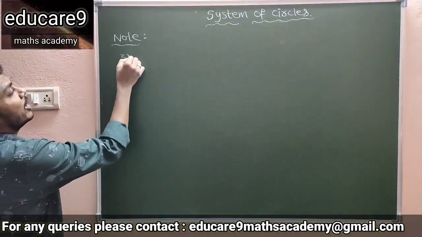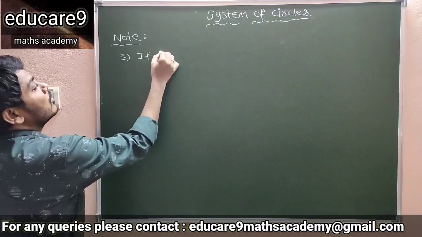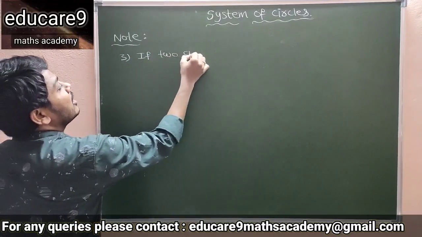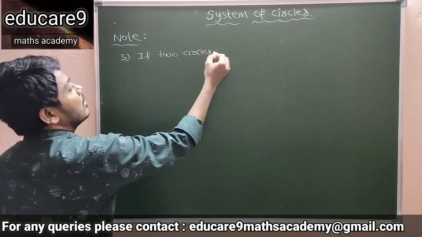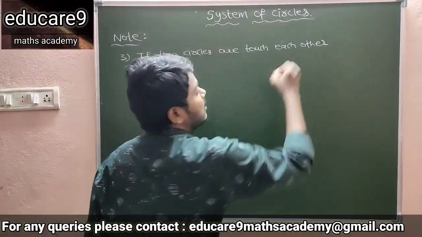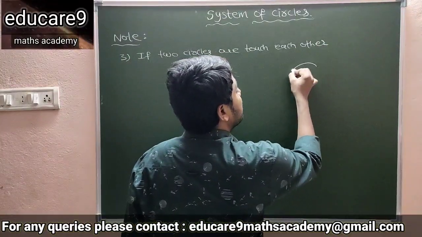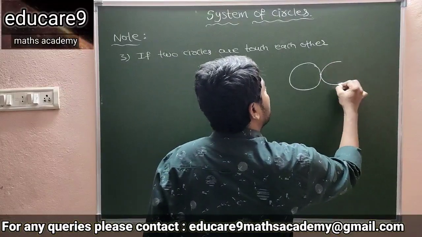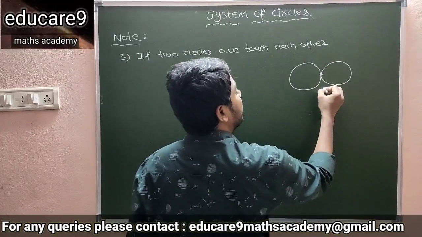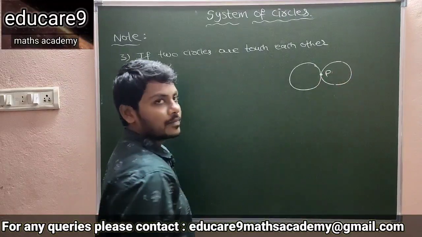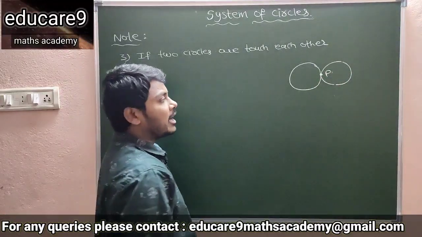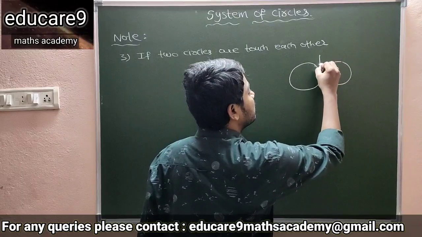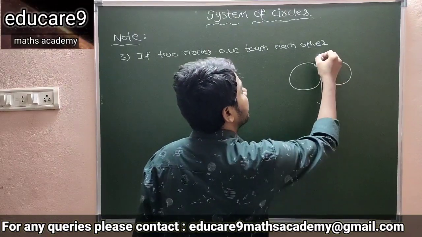So see the next, third one. If two circles touch each other, here the two circles touch each other at point P. Then draw the tangent line at this point. So this is the tangent line.